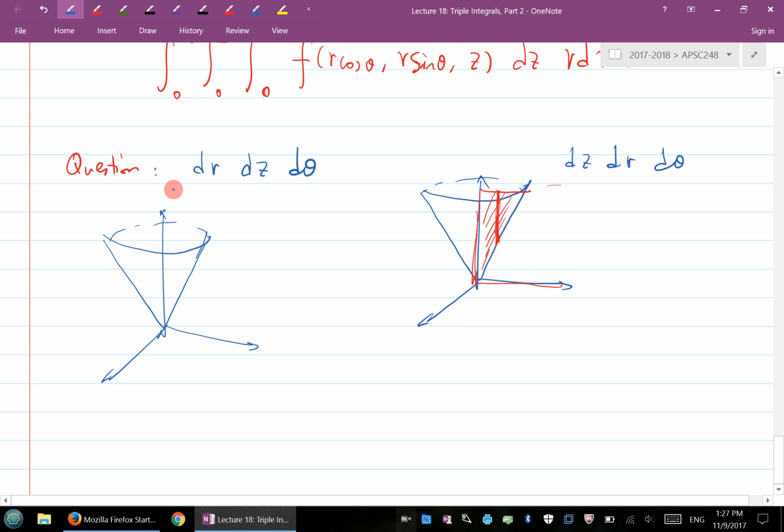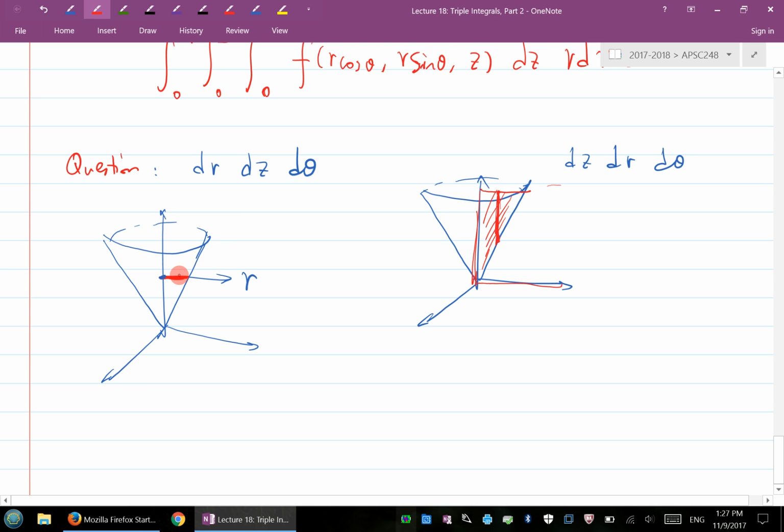Let's say you start from anywhere inside the region here and sweep in this direction. This is the r direction. So you draw a reading line, and your first sweep ends up with this little line segment here.